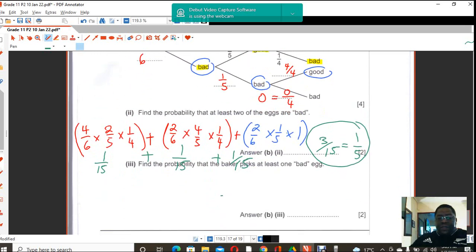Then they say find the probability that the baker picks at least one bad egg. At least one bad. So that means we are going to have a condition where we say 1 minus good, good, good, to take away all the goods there.